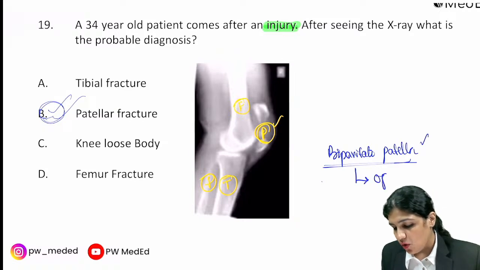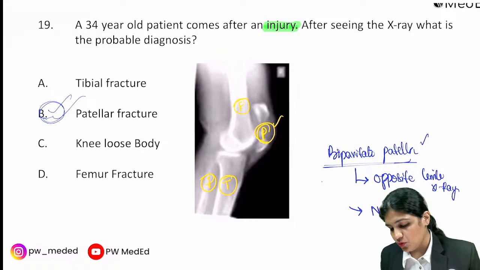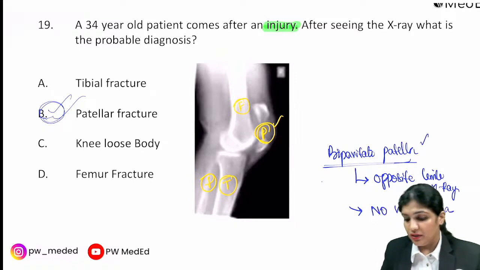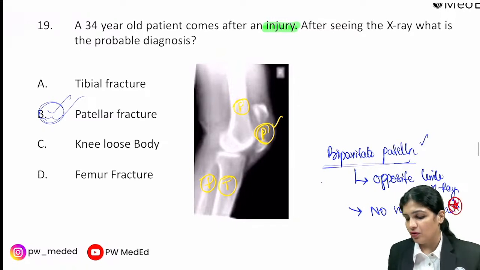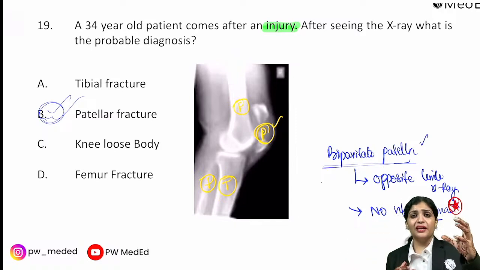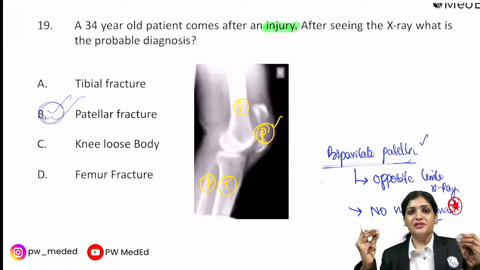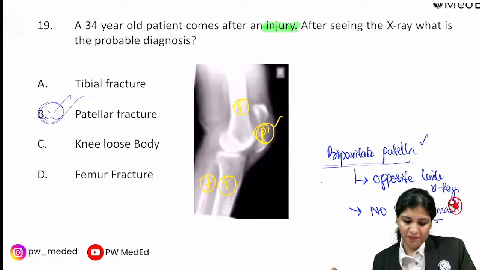You go for an opposite limb x-ray. And there is no history of trauma. That is very important. So there will be no history of any trauma given in the question. So whenever there is no history of trauma and you still see two patellae, then you always have to suspect bipartite patellae, right? And you have to confirm by taking the opposite x-ray.